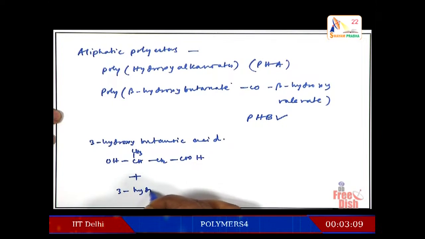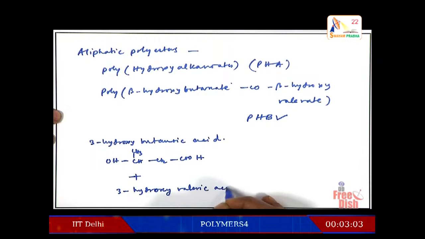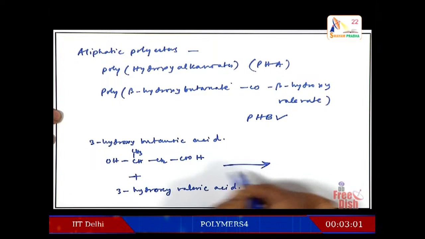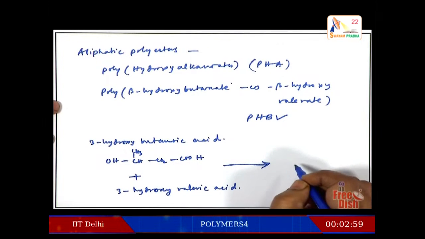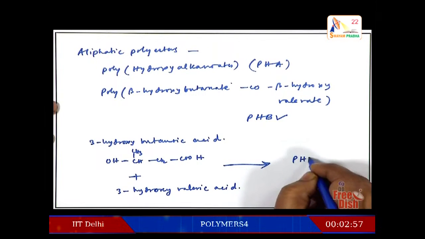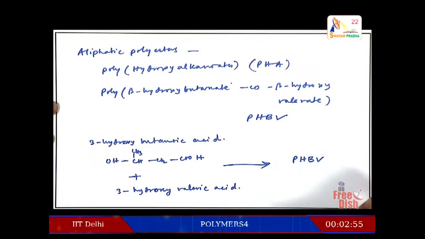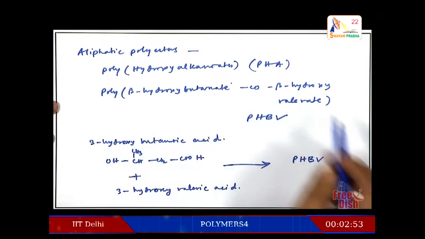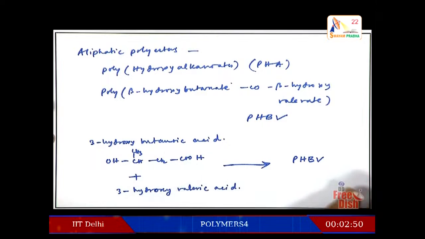I am not writing the structure because I have to finish in a minute. This gives you a copolyester, which we write in short as PHBV. You can write the structure yourself.